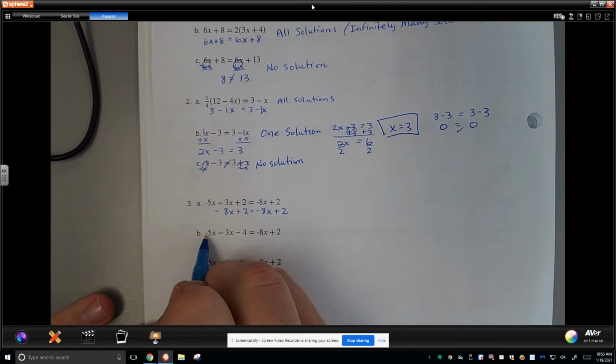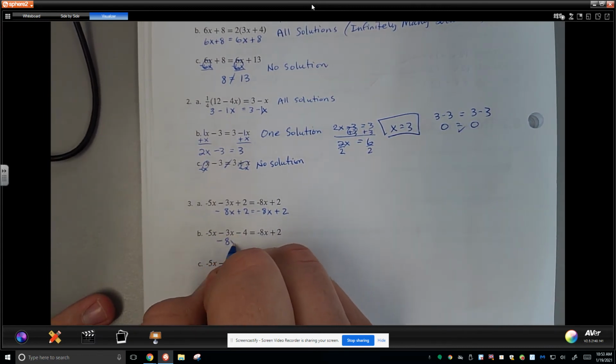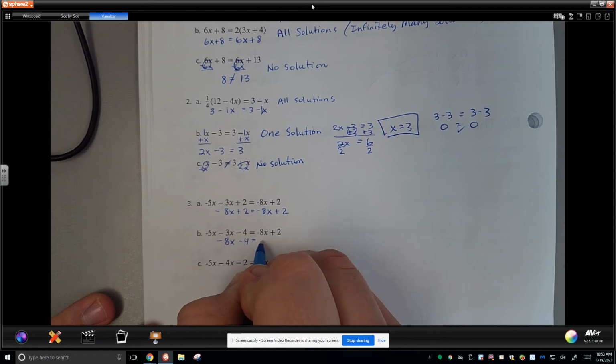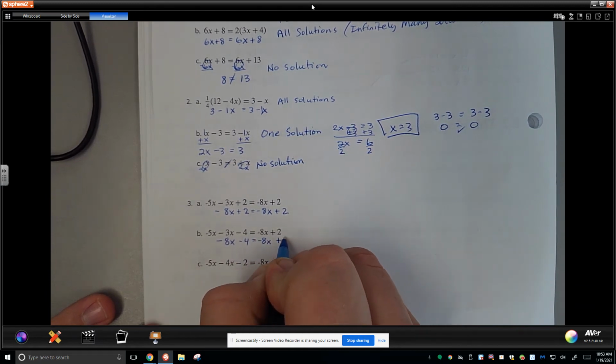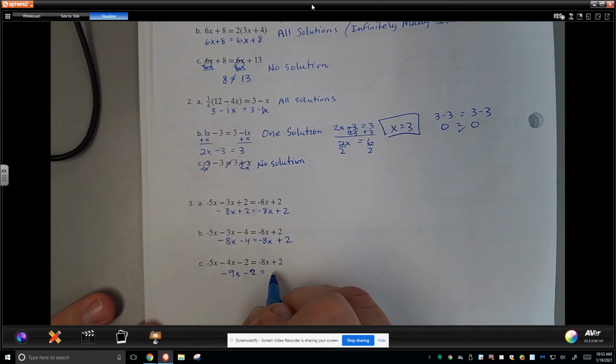The next one, -5 times x minus 3 times x is a -8x minus 4 is equal to a -8x plus 2. And then finally, a -5x minus 4 times x is a -9x minus 2 is equal to a -8x plus 2.